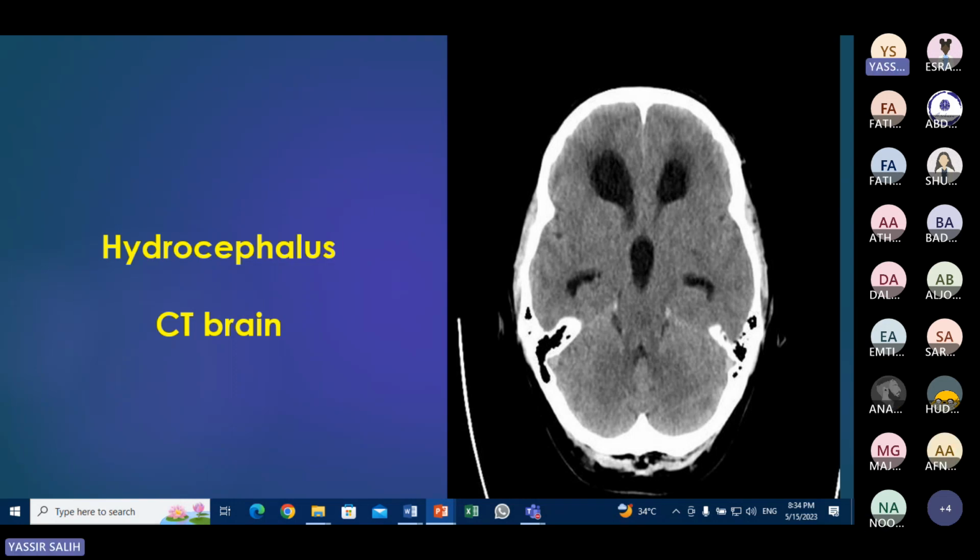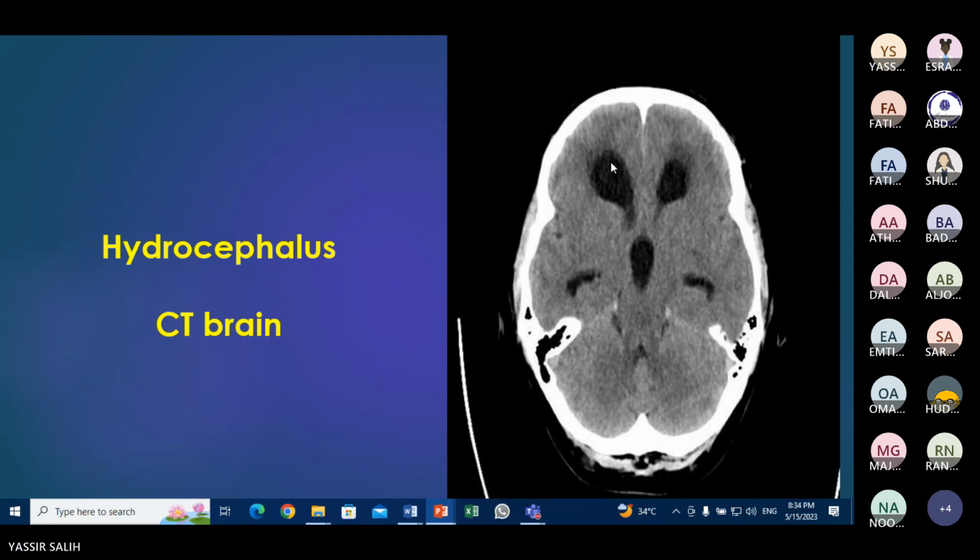Hydrocephalus. Okay, what sign is demonstrated in this image? The ventricles are dilated. There is a sign, a named sign. The ventricles are dilated. Which ventricle is dilated? What is this ventricle? What is the name of this ventricle?